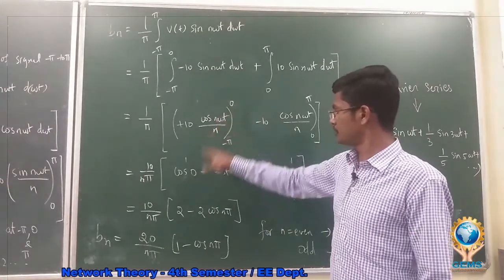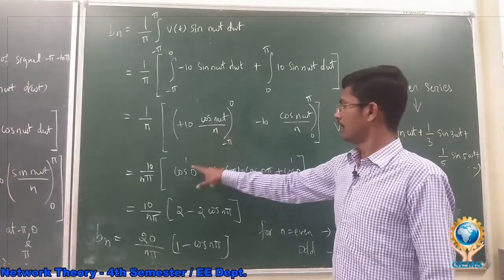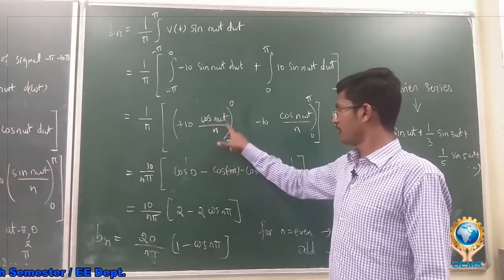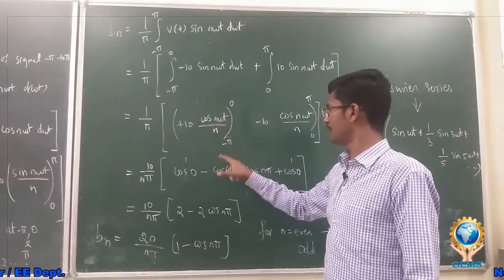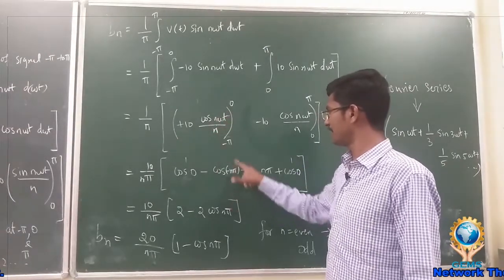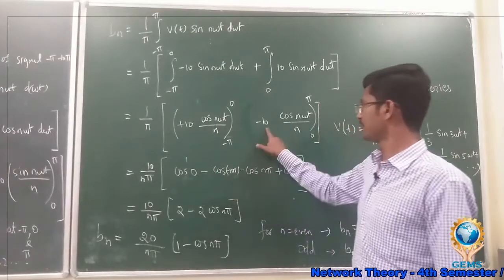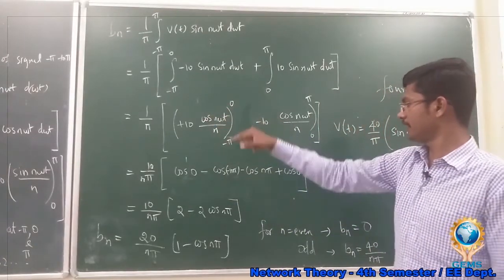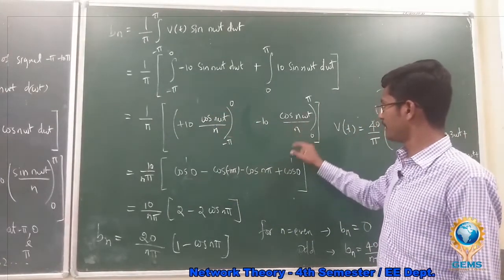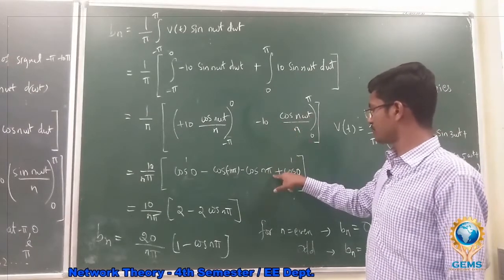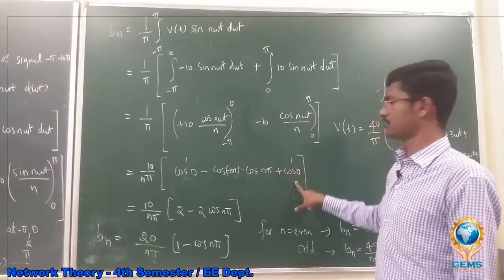First the upper limit, cos 0, minus the lower limit, for omega t we apply minus pi, so we get minus n pi. The minus of 10 we kept outside, cos n pi, again a minus will come, so minus into minus gives plus cos 0.